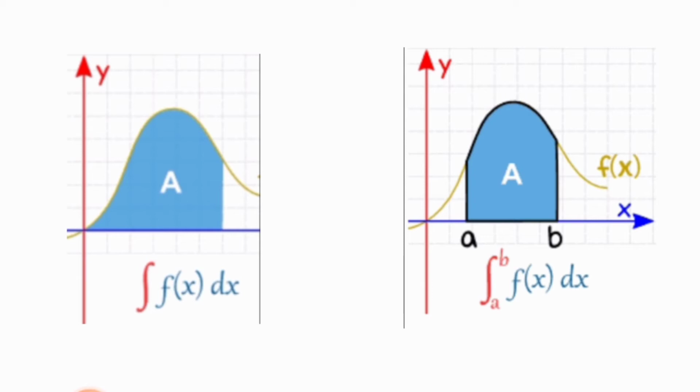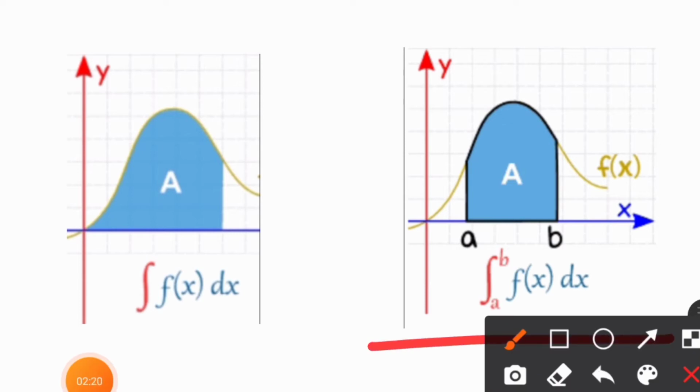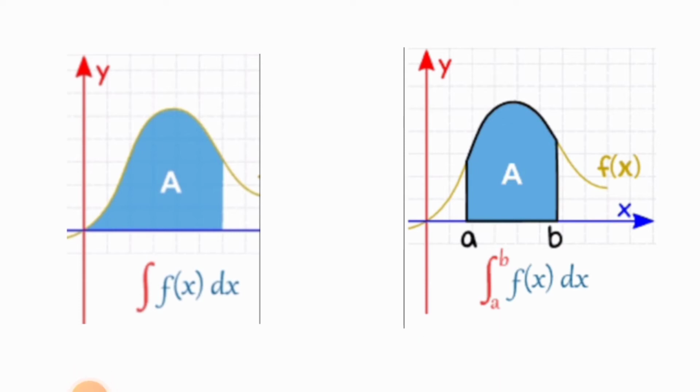The other graph, on the right side, is the definite integral from a to b. Then we find the definite integral by calculating the indefinite integral at a and at b, then subtracting.